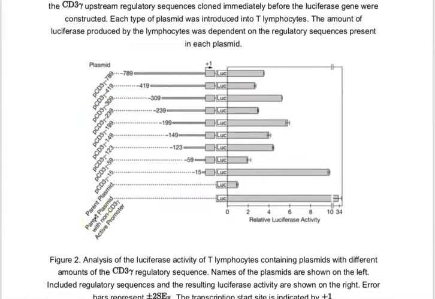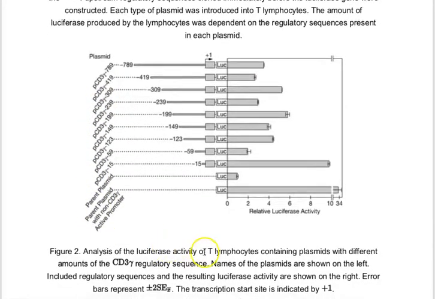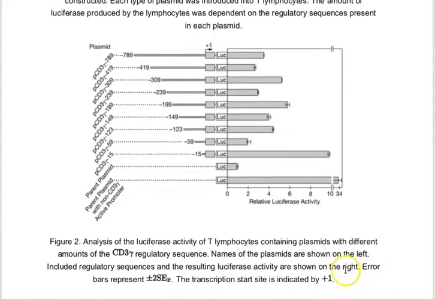Figure number 2 is the analysis of the luciferase activity of T lymphocytes containing plasmids with different amounts of CD3 regulatory sequence. Names of the plasmids are shown on the left, included regulatory sequences, and the resulting luciferase activity are shown on the right. Error bars represent plus or minus 2 standard error of the mean.